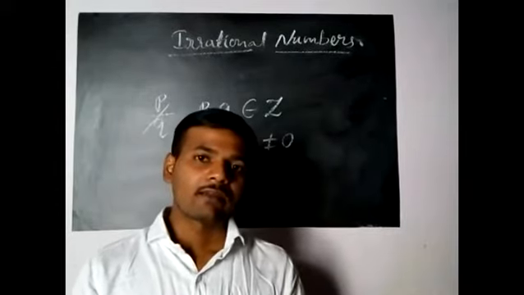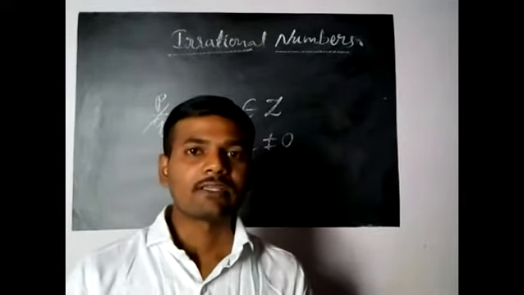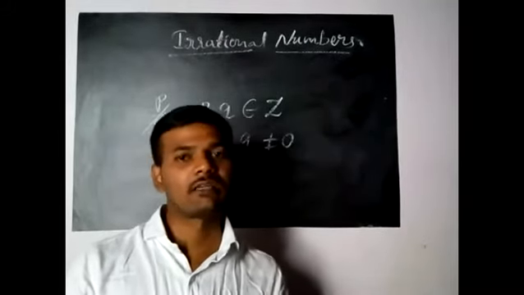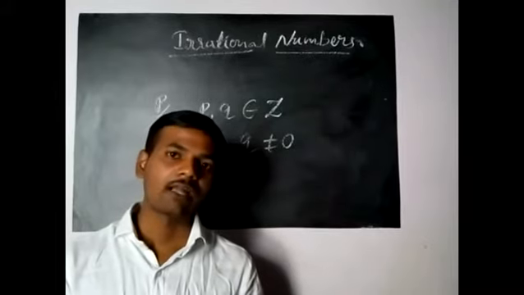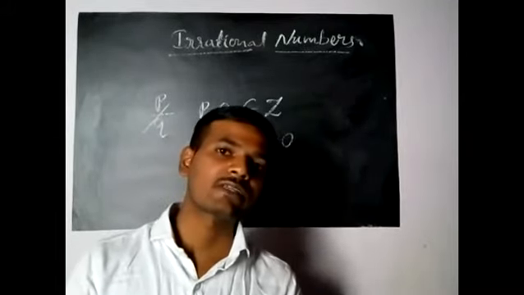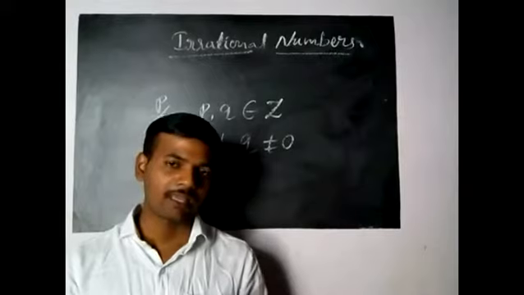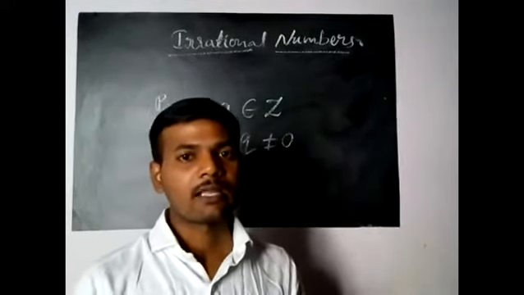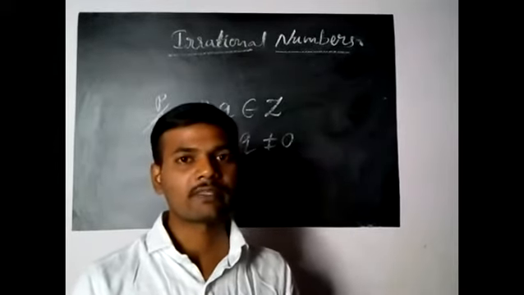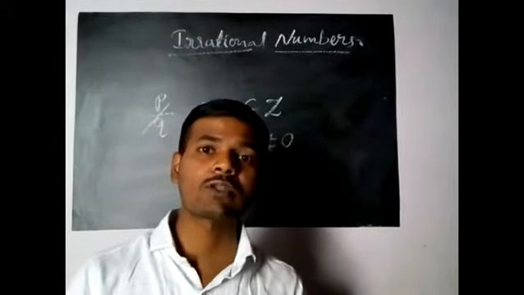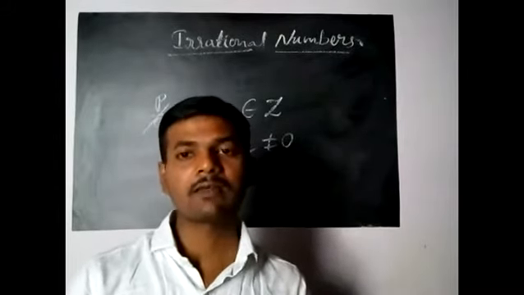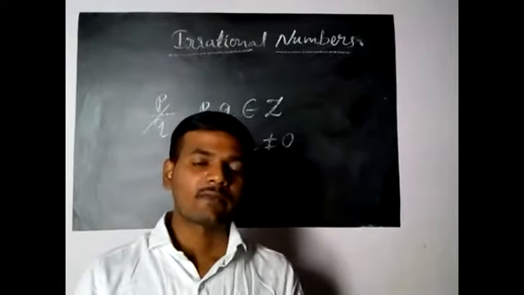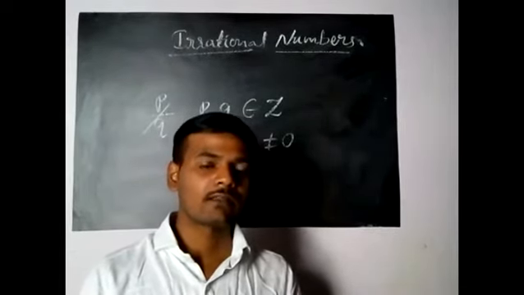On the number line, each and every point represents a unique real number, and every real number has its own unique representation on the number line. So let us discuss the representation of real numbers on the number line.